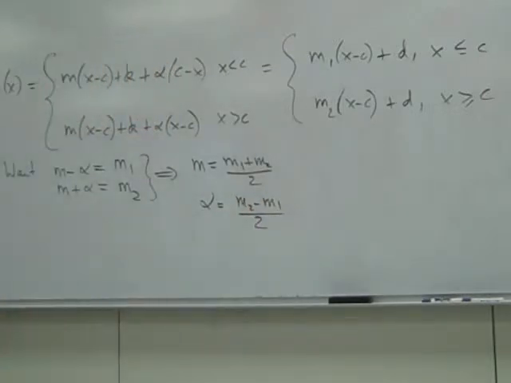So with those choices of m and alpha, that will guarantee that the slopes on either side of c will match up with the slopes of h.